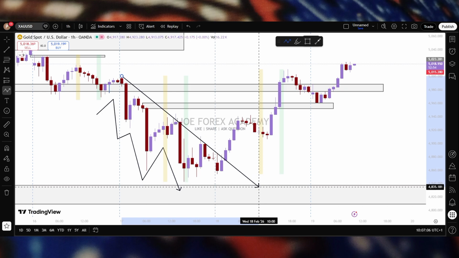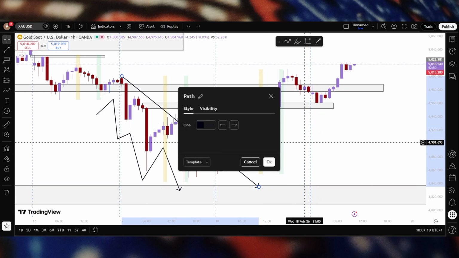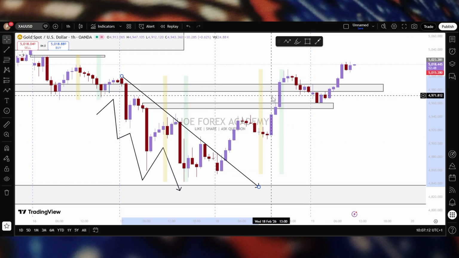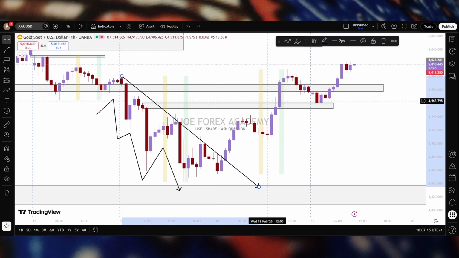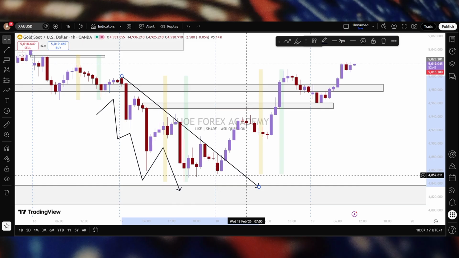So while this is up, this could be the same thing here. We're having the same thing here, and you can see we're having lower highs, lower lows, lower high, lower low. Let me do that real quick.